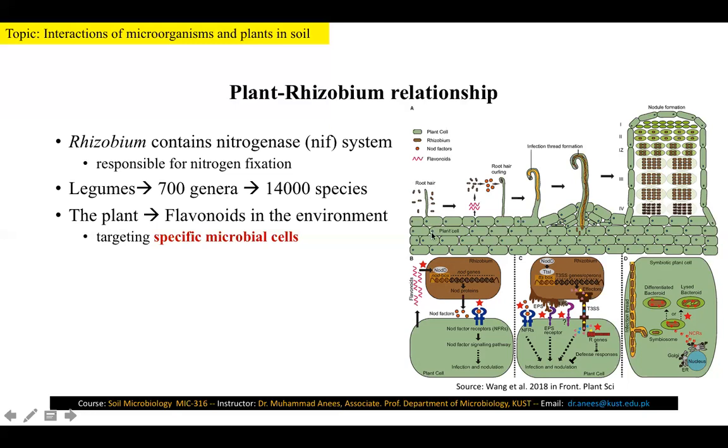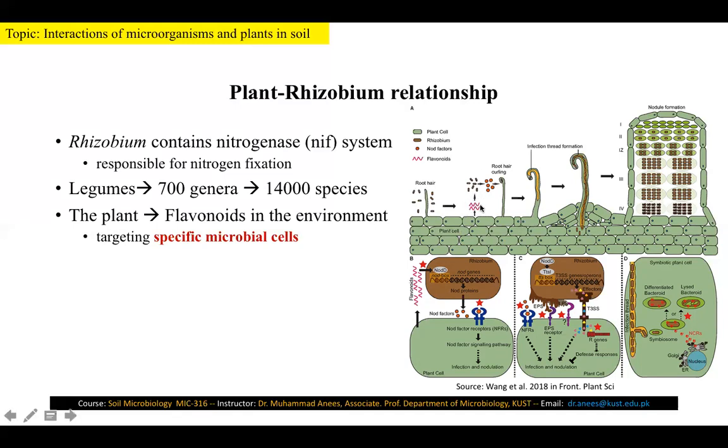So whenever the plant needs the nodulation to start, the plant produces a particular kind of chemicals in the environment known as the flavonoids.